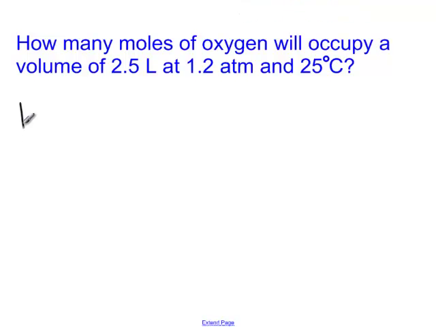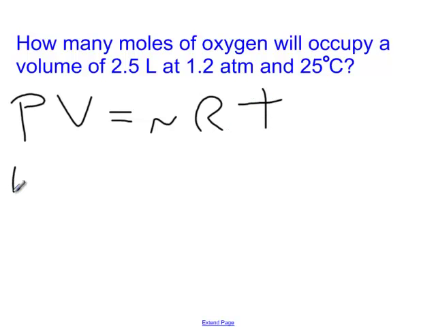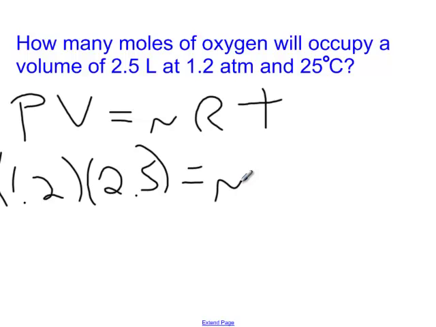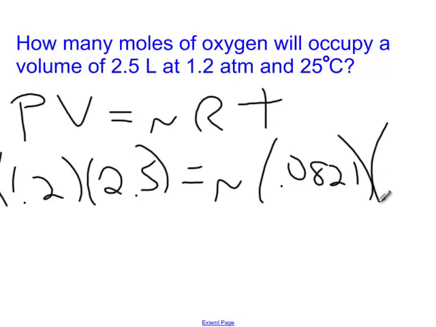We simply do PV equals nRT. Pressure is 1.2 atmospheres. Atmospheres is exactly the unit we want, so that's good. Times 2.5 liters. Liters is the unit we want, so that's good. N's the thing we're solving for. R is 0.0821. And temperature in kelvins is 25 plus 273, which is 298.